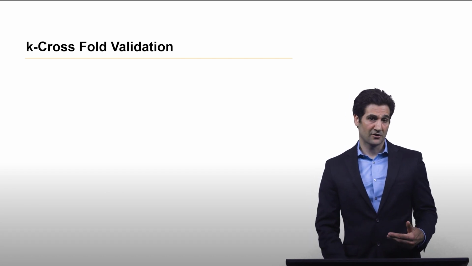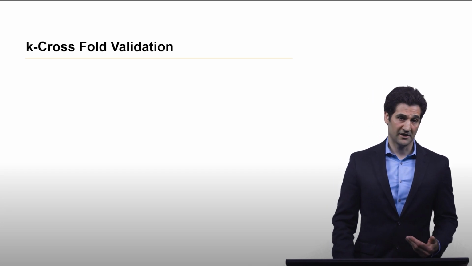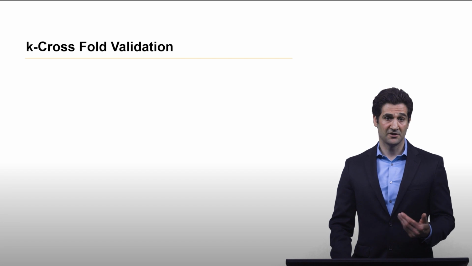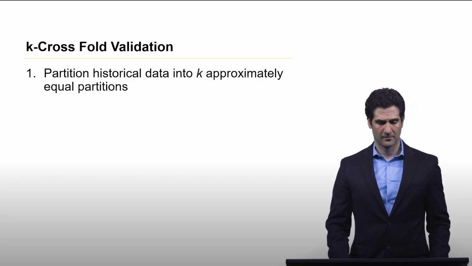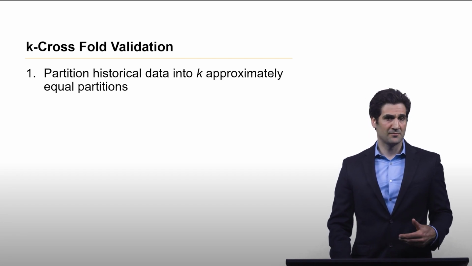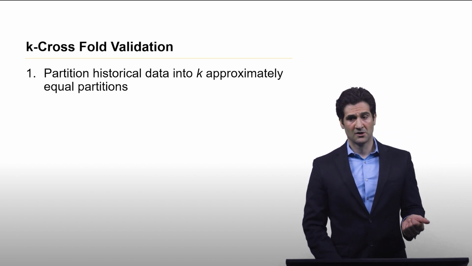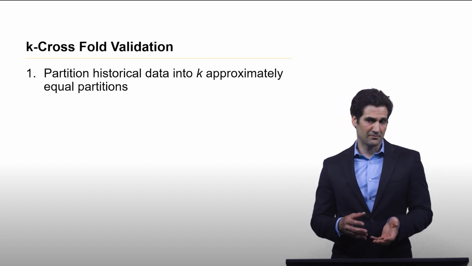So let's make this a little more concrete. You might hear the term K cross-fold validation, and K is simply the number of partitions you're dividing the historical data up into. These have to be just approximately equal. They don't have to be precisely equal.